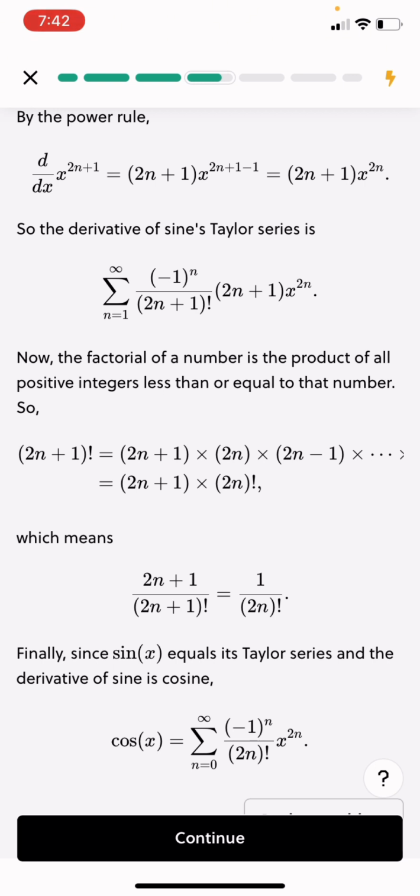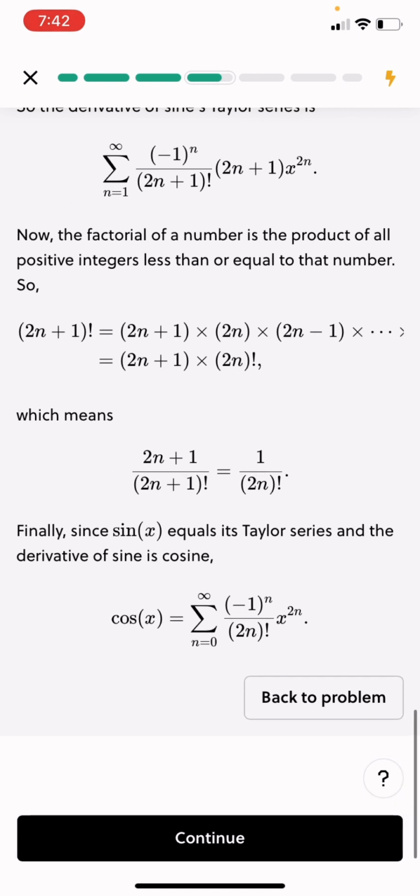So it seems like it's repeating constantly, but it's always less than or equal to that number, which means 2n plus 1 over 2n plus 1 factorial equals 1 over 2n factorial, which basically makes it simplified for easier solving.